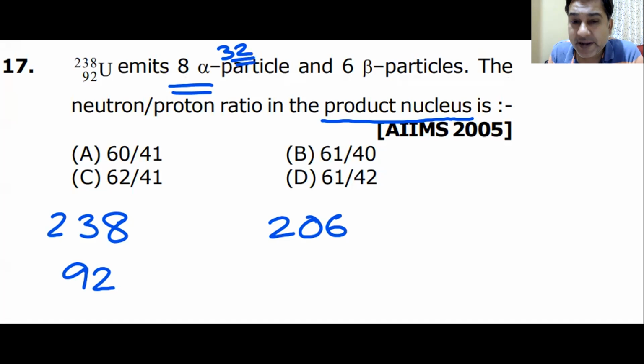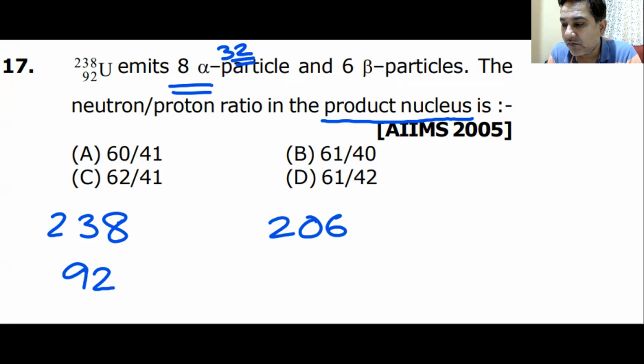So, when I emit 8 alpha particles, atomic number will get down by how much? 8 into 2, 16. But it will emit 6 beta particles, so it will increase by 6. It will decrease by 16 but increase by 6, so it will decrease by 10.